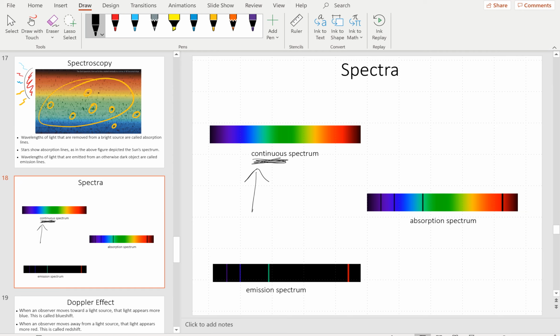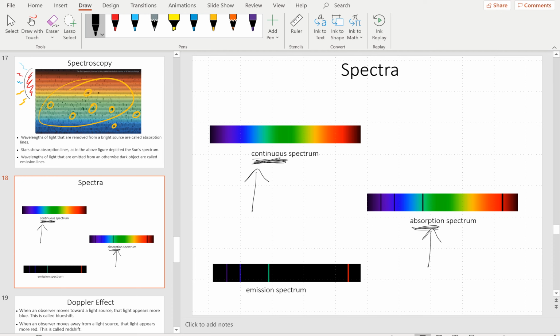The spectrum that we actually see when we look at a star is called an absorption spectrum. This means that you have tons and tons of different kinds of light that's emitted from, let's say, the core of the star. So the sun, for example, emits all kinds of light. It's largely ultraviolet and visible, but it also emits some X-ray and radio waves. And this light then passes through the atmosphere. This is what I was saying earlier.